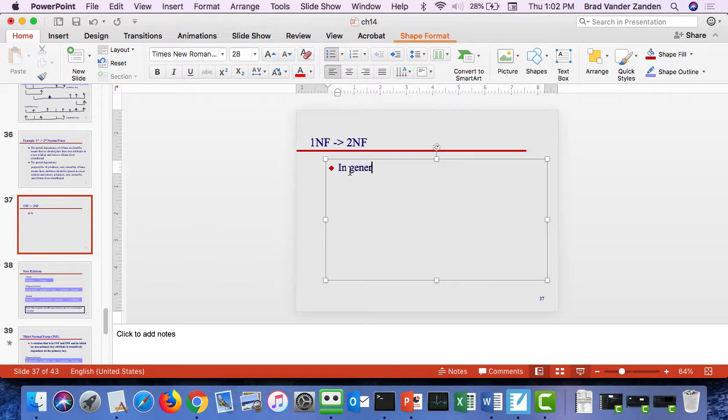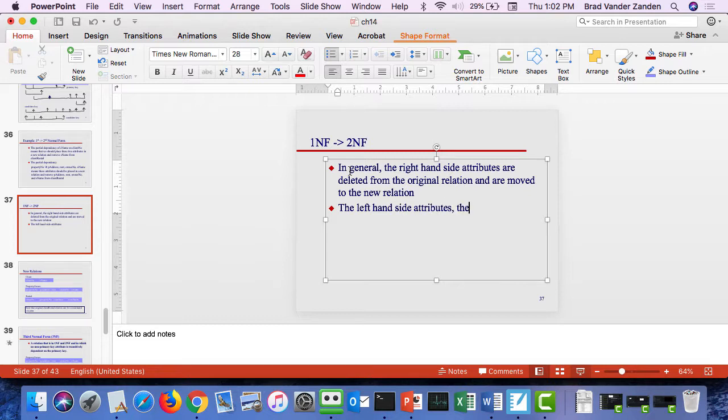Okay, so in general, the right-hand side attributes are deleted from the original relation and are moved to the new relation. Okay? The left-hand side attributes, the determinant, both remain in the original relation and are copied to the new relation.